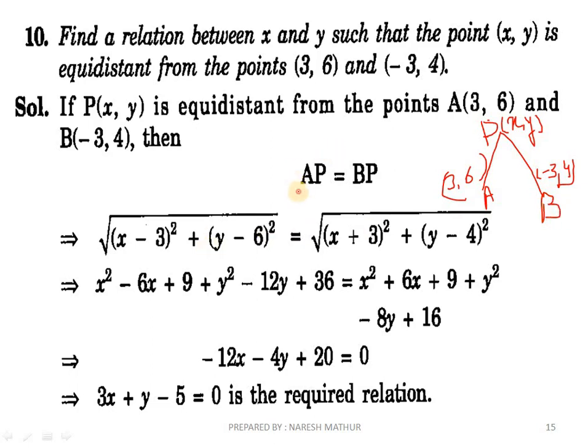So PA equals PB. At the last we will get this equation. We need to find a relation between them, it means it is asking for an equation. So at last, after the simplification, we will get a linear equation, that is the required relation.